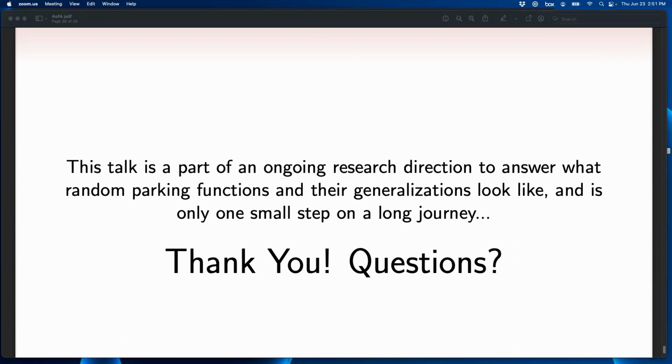Oh, yeah, that's a very good question. Thank you. To get the distribution results, we first map it to a tree. If it's expectation results, we can just use the tree function method and the multinomial theorem to do the calculation.